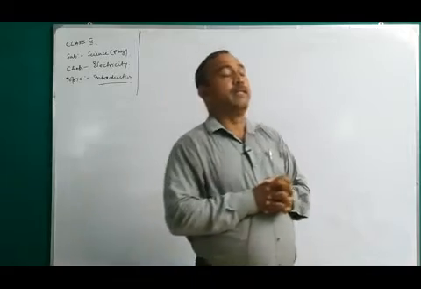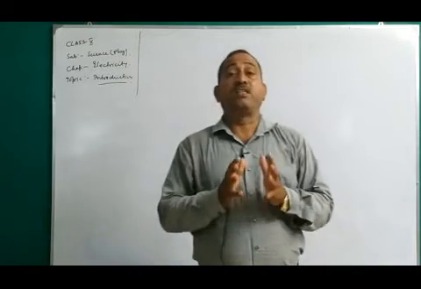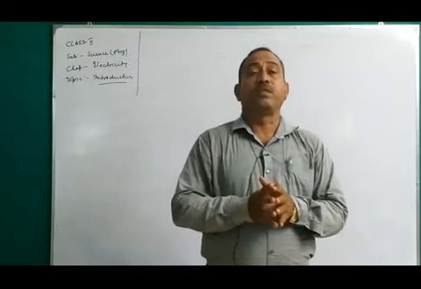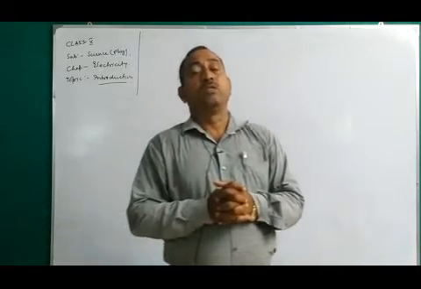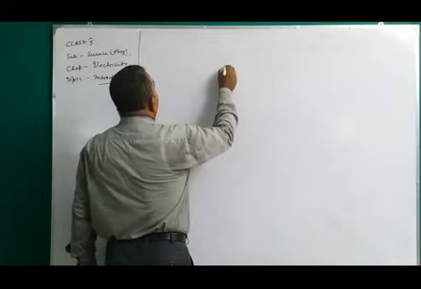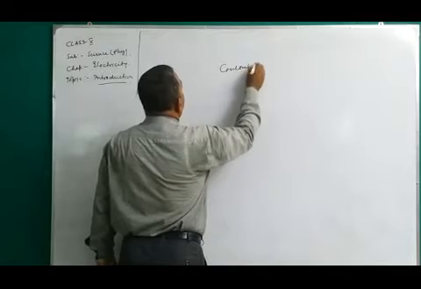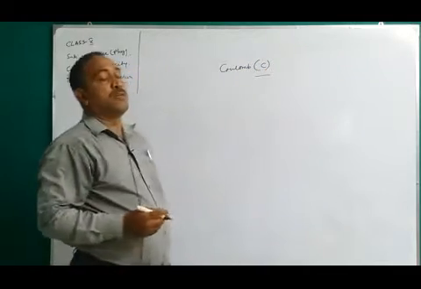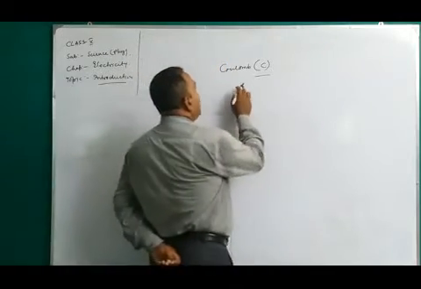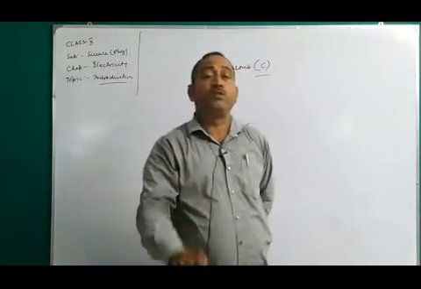So for charged particles, we consider the charge of the electron. The value of the charge of an electron is 1.6 into 10 to the power minus 19 coulomb. The unit of charge is coulomb, denoted by the symbol C. In the CGS system it is stat coulomb, which is not in your syllabus, you only need to know the coulomb.